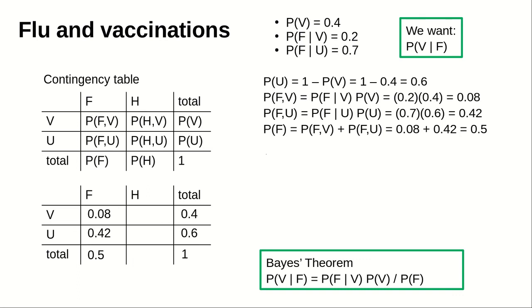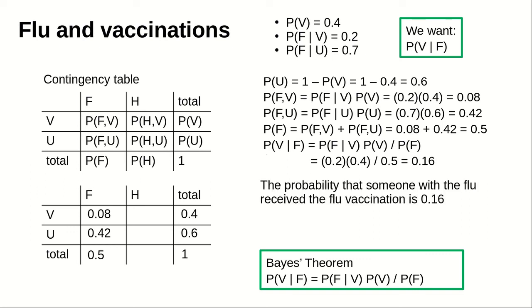Now we have all the numbers for Bayes' theorem. We do the calculation, determining that P(V|F) is 0.16. The probability that someone with the flu received the flu vaccine is 0.16 or 16%.